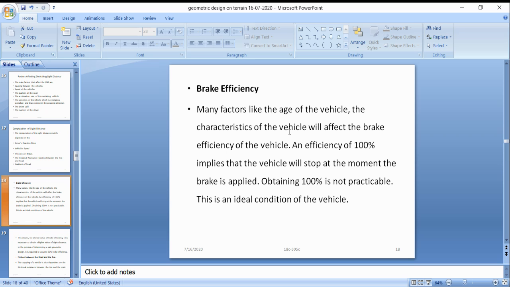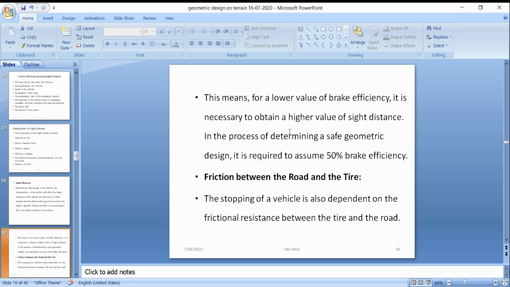In the design we will think that the brake is applied 100%, but practically it's not possible. It is an ideal condition, depending upon whether the brake is applied suddenly or not. So this means for a lower value of the brake efficiency, it is necessary to obtain a higher value of sight distance.